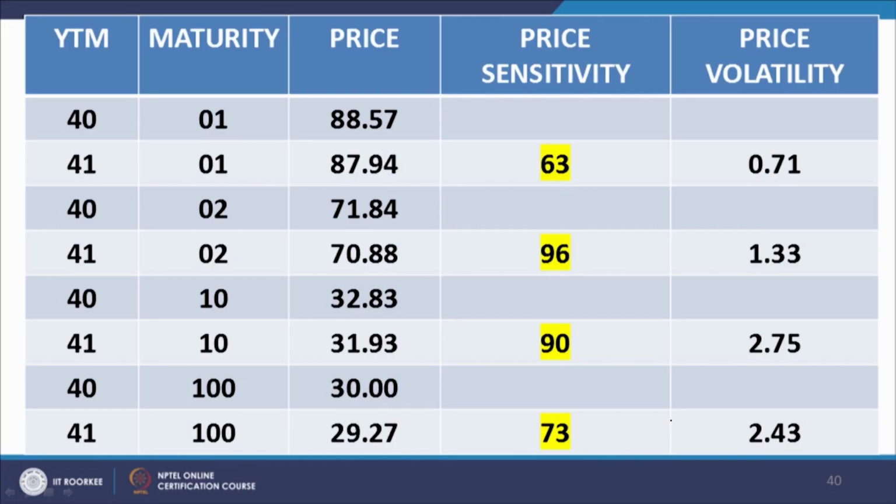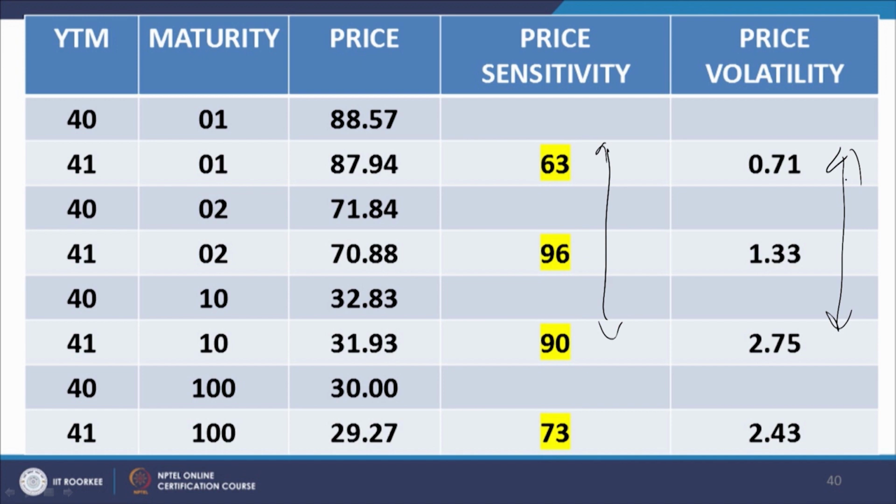I have taken 4 different bonds with maturities of 1, 2, 10 and 100 years. The YTM is assumed to change from 40% to 41%, and the absolute price changes are given in this column, and the percentage price changes are given in this column corresponding to this 1% change in YTM.